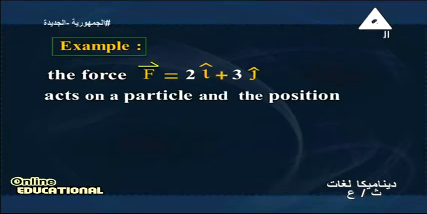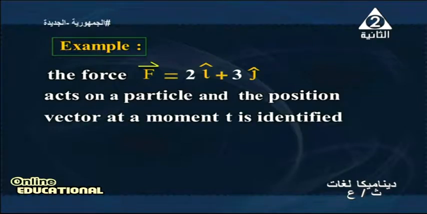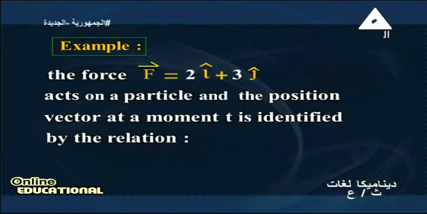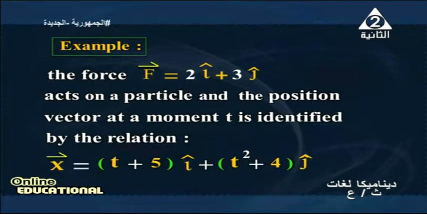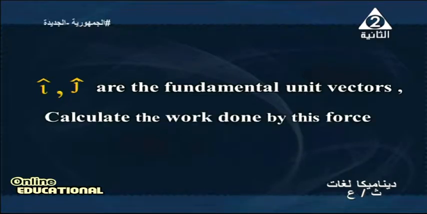This force acts on a particle and the position vector at a moment t is given by the relation: vector x equals (2t plus 5)i plus (t squared plus 4)j, where i and j are the fundamental unit vectors in the positive direction of the x-axis and y-axis.